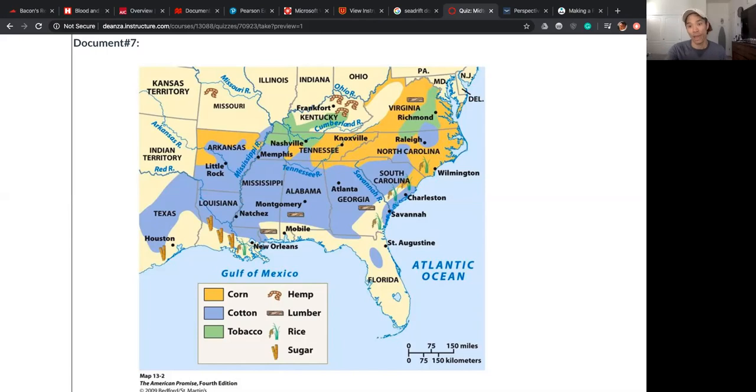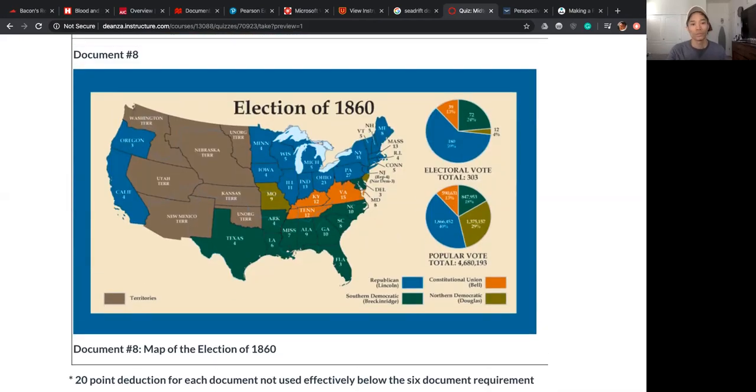You have maps to show that. And of course, 1860. This is a map of the election of 1860. You can clearly see the division within America along regional lines, along political lines. But the question you might want to ask yourself is, why? What created this division?